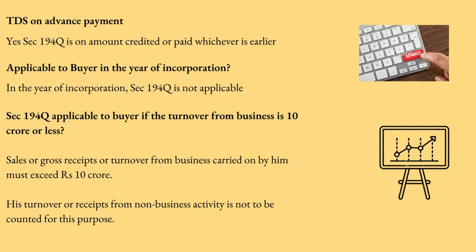Hence, Section 194Q is not applicable to such buyers. The sales, gross receipts or turnover from the business carried on by him must exceed 10 crore. Only then shall the provision of Section 194Q of the Act apply. His turnover or receipts from non-business activity shall not be counted for this purpose.